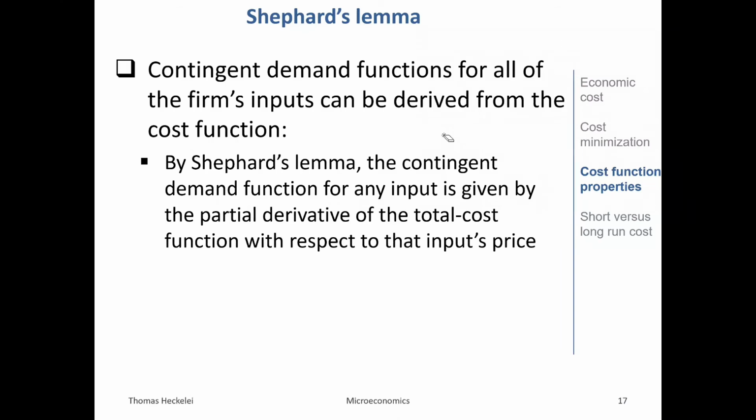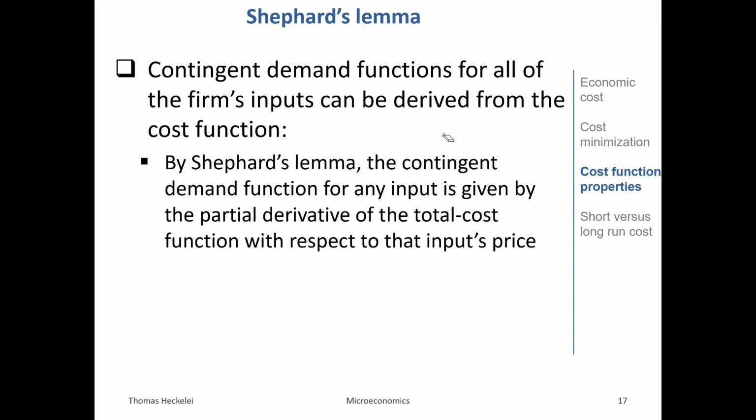Here again we have Shephard's lemma. Does it sound familiar to you? I hope still, yes. We talked about it when we learned about expenditure minimization. So here is exactly the same approach, just for the production counterpart.